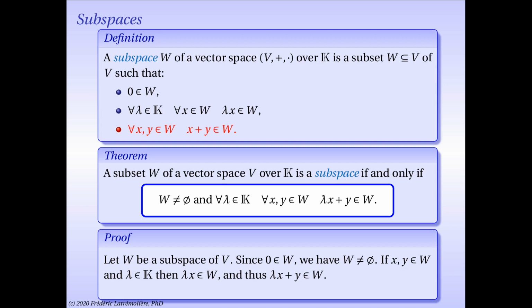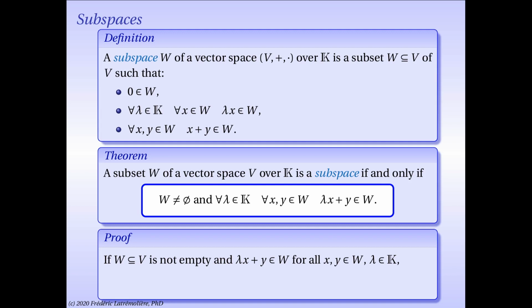Let's prove the converse. Let W be some non-empty subset of V such that, for any x and y in W and any scalar lambda, lambda x plus y again belongs to W. I wish to prove that W is a subspace, so first I'm going to prove that 0 indeed belongs to W. To do so, I need to write 0 as a vector of the form lambda x plus y with x and y in W and lambda some scalar.